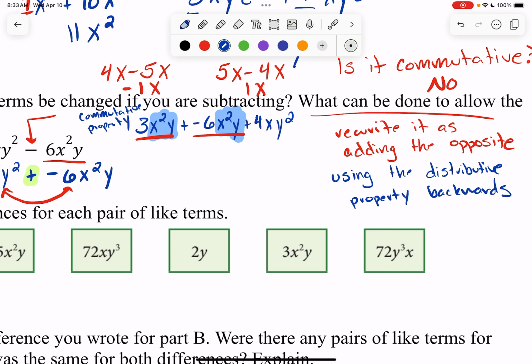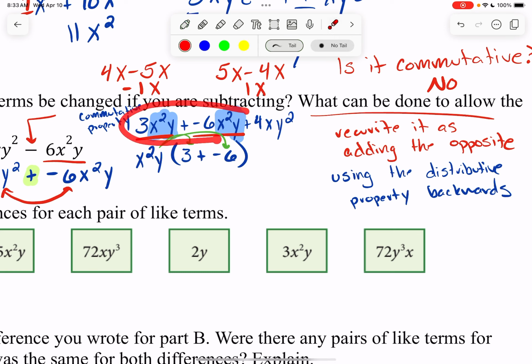So I can rewrite it as x to the second y times 3 plus a negative 6, because if I distribute this in, I will get back to this. Plus the last bit that's not like, that's just following along. So in this step, I'm using the distributive property the opposite way. I'm unmultiplying it instead of multiplying it in.